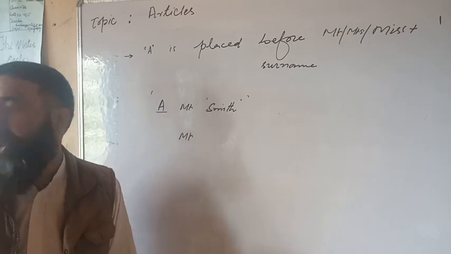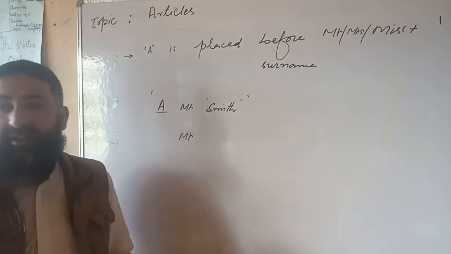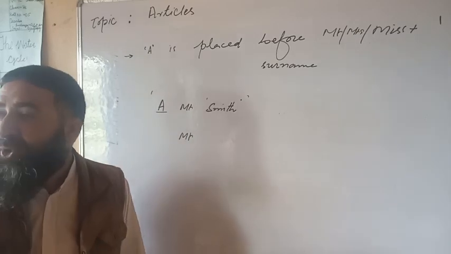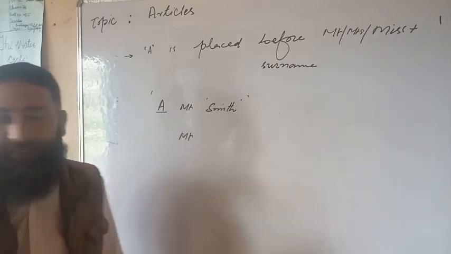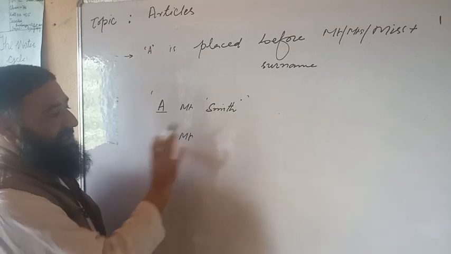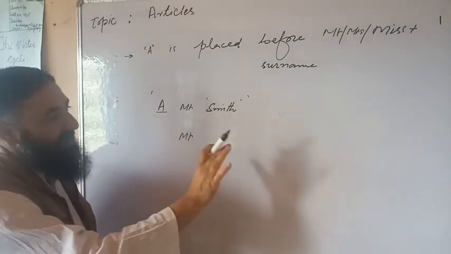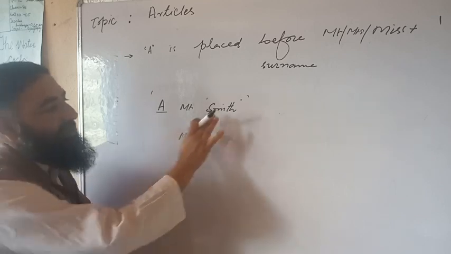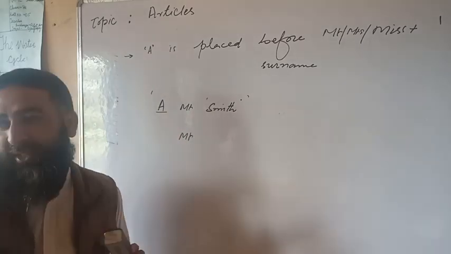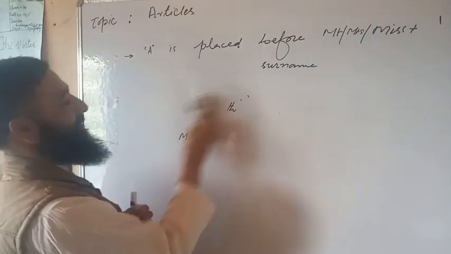He is a stranger to him. Are you getting me? Okay. Then if it is only Mr and then its name, there is no surname, then it will take no article before it. Is it clear? Okay.